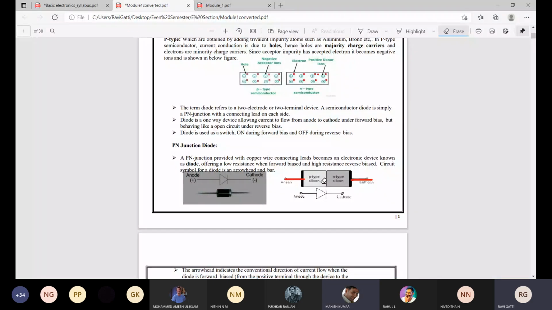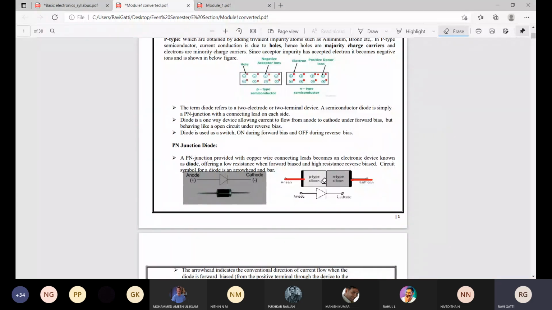Sir, in laser, sir. How can it be used in a laser, Manish? Sir, in semiconductor laser, sir. Okay, yes, of course, we will be using semiconductors in a laser.